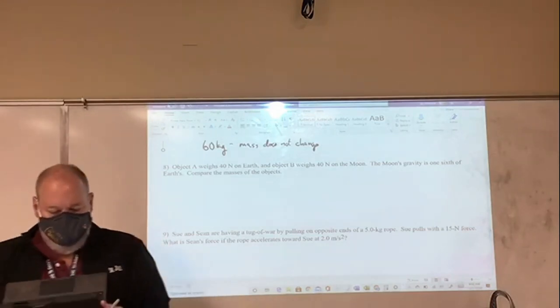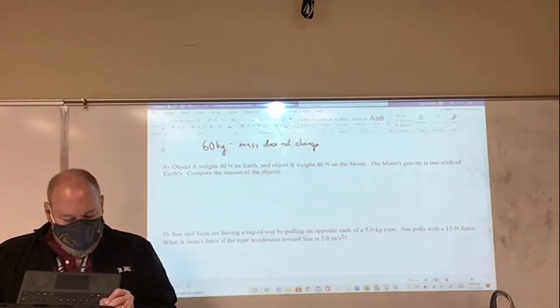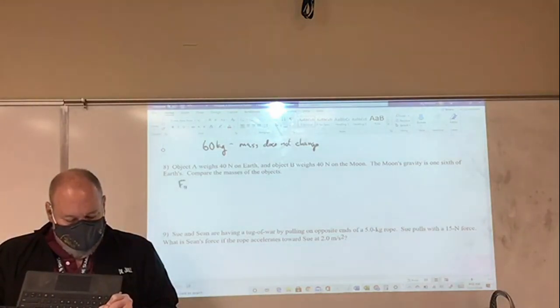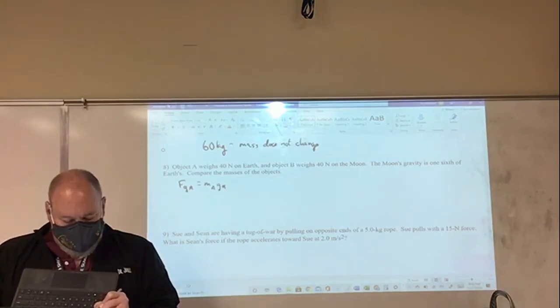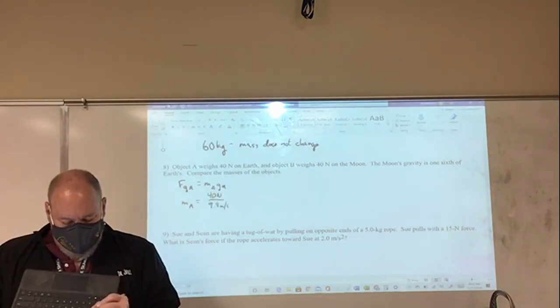You could say that the force due to gravity on A equals mass A times the acceleration of gravity A, and you could just calculate what the mass of A is, right? That's 40 newtons divided by 9.8 meters per second squared.